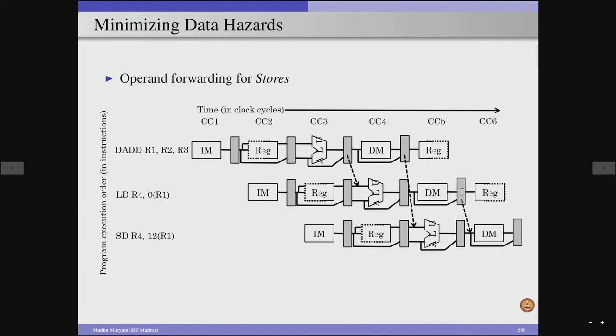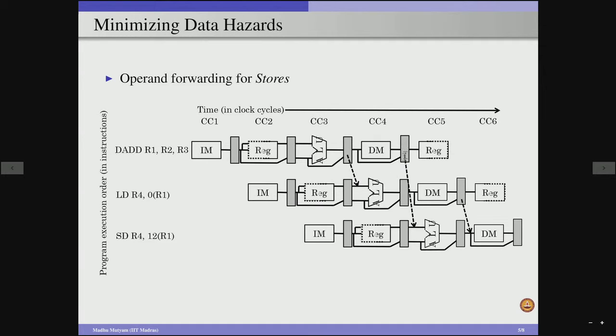At the end of the fifth cycle, the load instruction reads the value from the cache memory or data memory, by the time the store instruction requires this data to be written to the memory. So we already know that the store instruction requires the R1 value as well as R4. R1 is already available through operand forwarding from the first instruction, the add instruction.